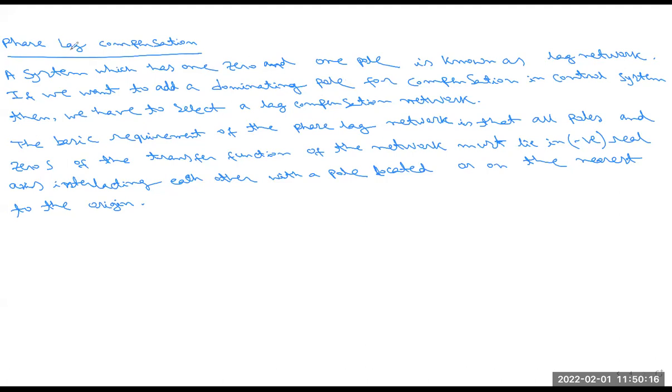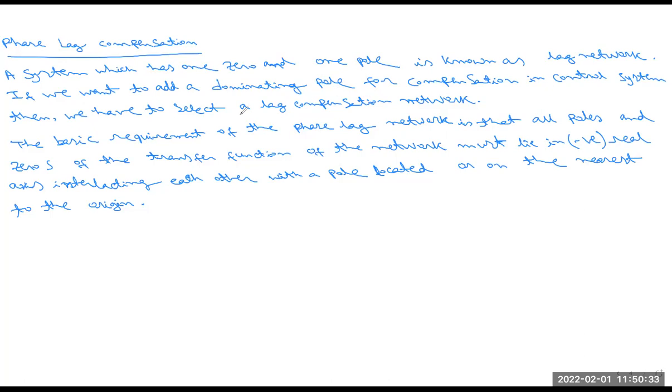But when we consider the phase lead network circuit, we have to add a dominating zero. When phase lag compensation circuit, we have to add a dominating pole. So this is the basic difference between the phase lead and phase lag compensation circuit.